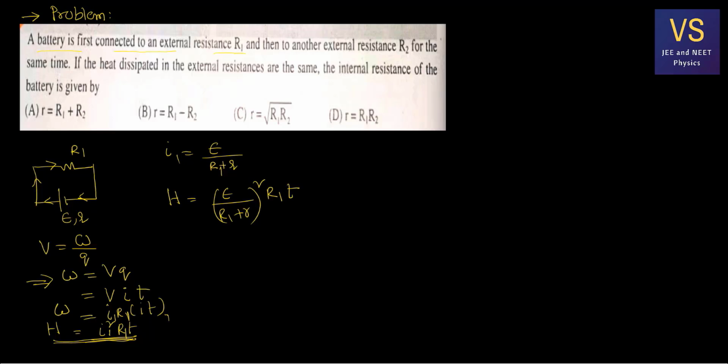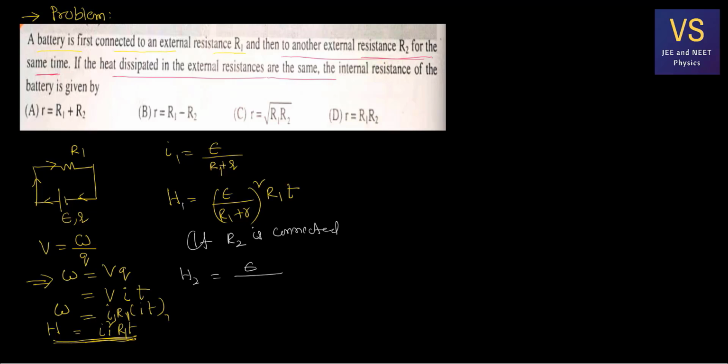R1 into T. Now it is given in the problem that at the same time another external resistance R2 is connected and the heat dissipated in both the cases is same. So if you imagine R2 is connected to the same battery, the heat generated in that case, I can write it like H2 as I square RT.